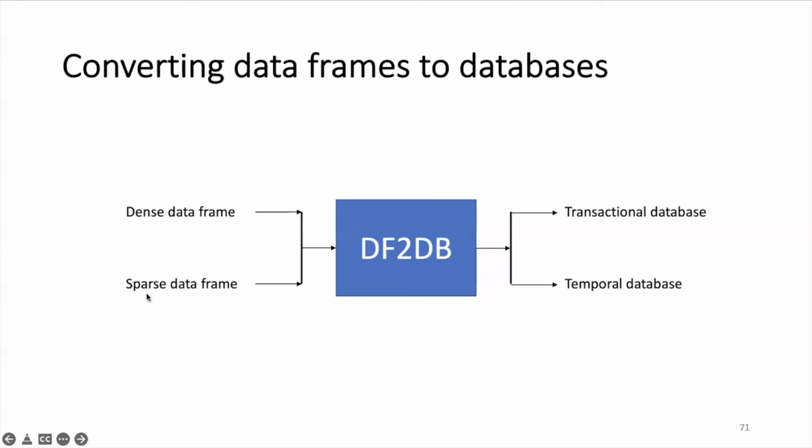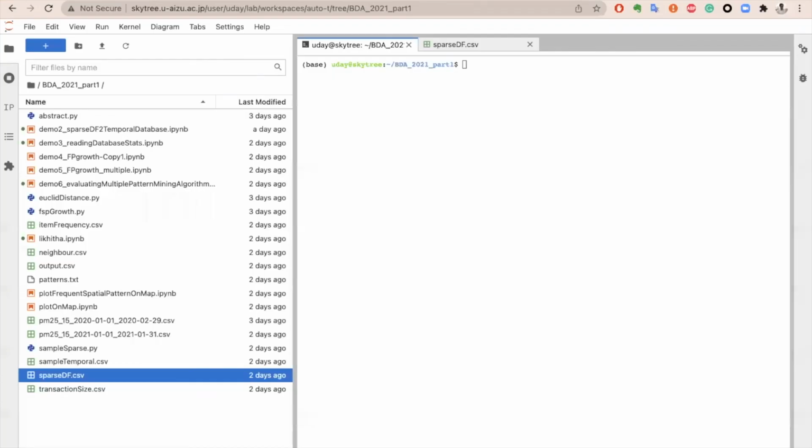So the user can simply input their data frame to our library, which in turn will create a transactional database or a temporal database. We will now look at the demo of this part.